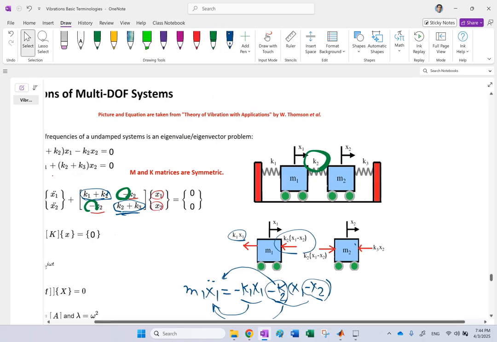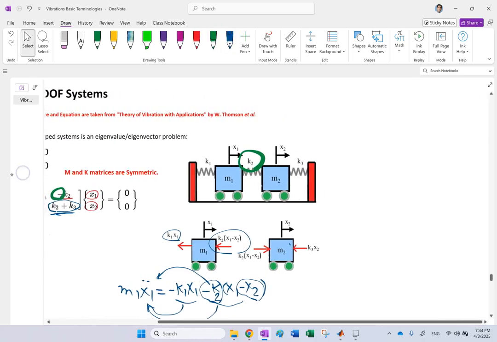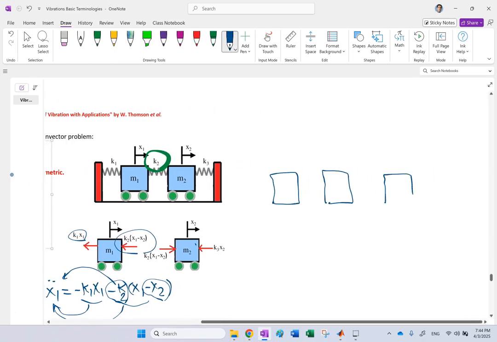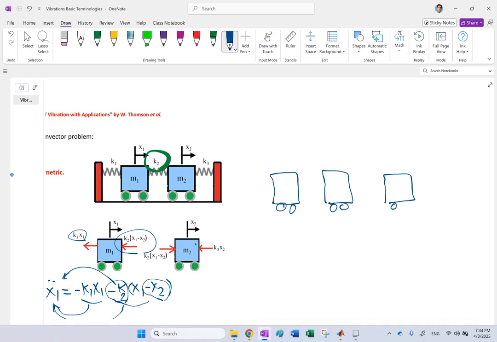For instance, if I want to extend this system, let me extend this system. So here I go ahead and extend it to 3DOF. I just want to show you how to get M and K without even finding the differential equations.